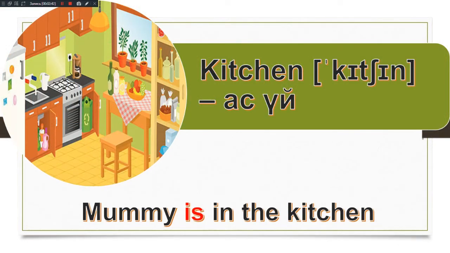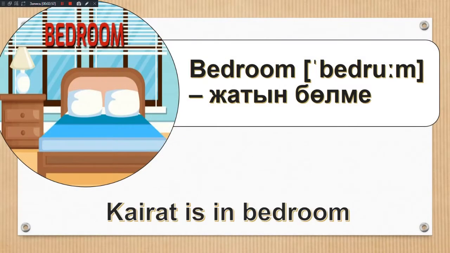Kitchen. Ас үй. Mommy is in the kitchen. Ана ас үйде жүр. Bedroom. Жатын бөлме.